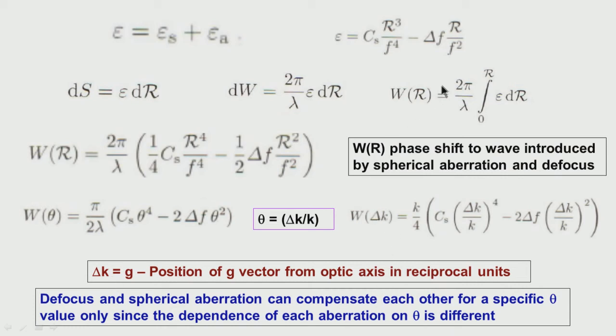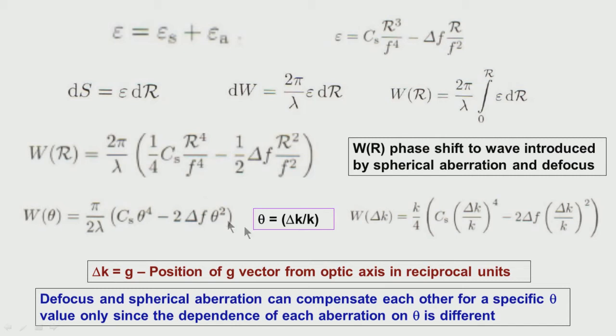Now, we can see that defocus and spherical aberration can compensate for each other. We can also calculate, for epsilon equals 0, the specific value of theta for which they compensate. They compensate only for one particular value.